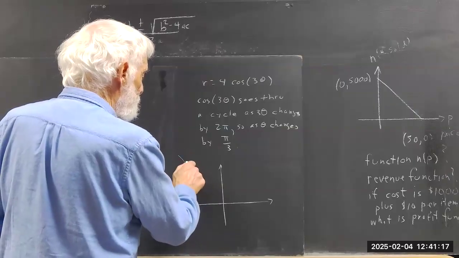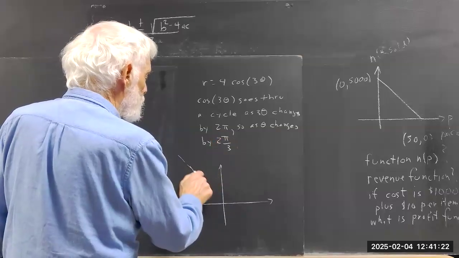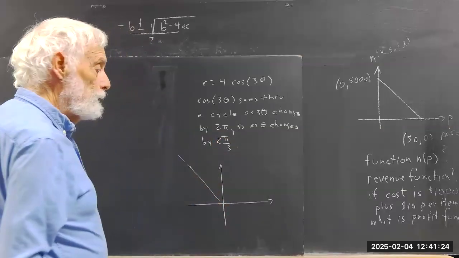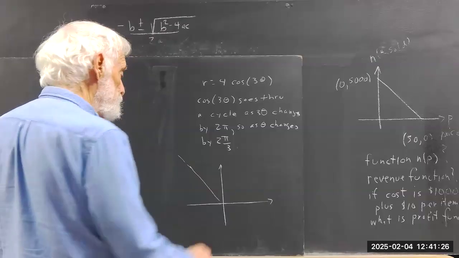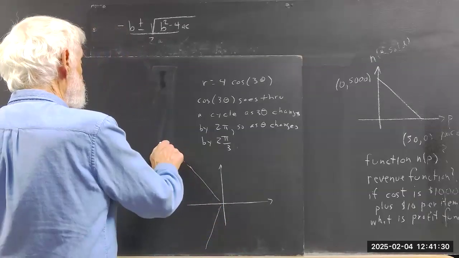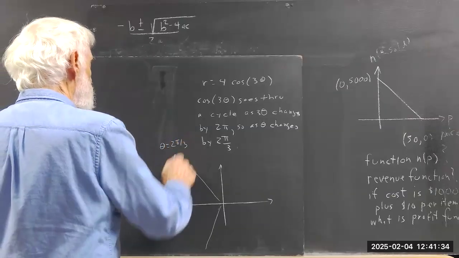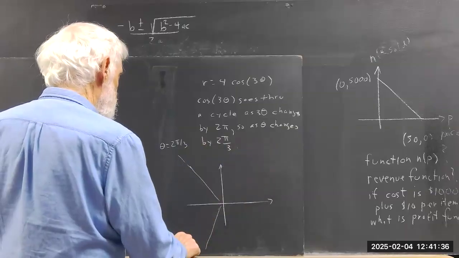well, here's 2 pi over 3. Here's 2 pi over 3, right? And here is 4 pi over 3, which is double this.